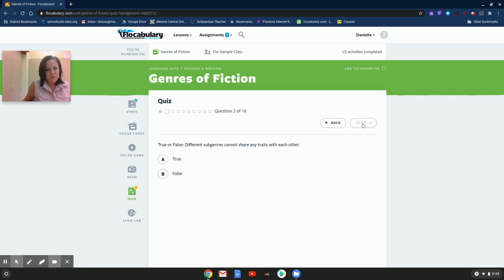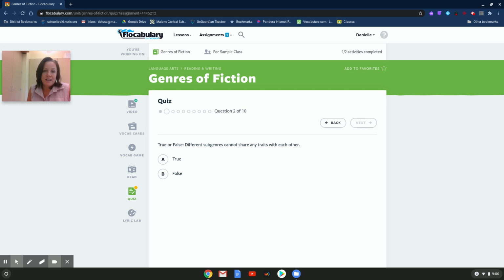Next. True or false, different subgenres cannot share any traits with each other. So they're basically saying not any traits. You know how each of the subgenres has different traits, like a mystery has clues and things like that.